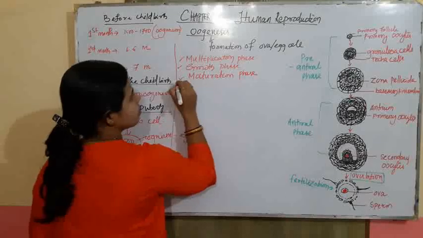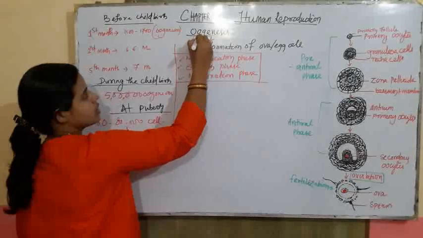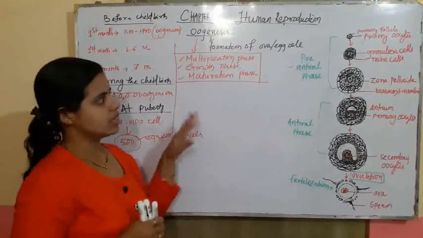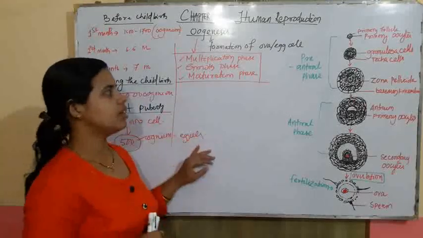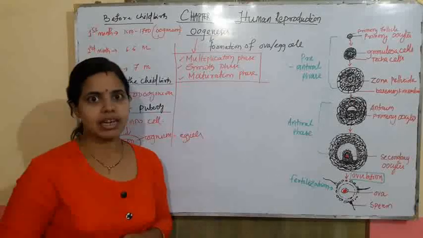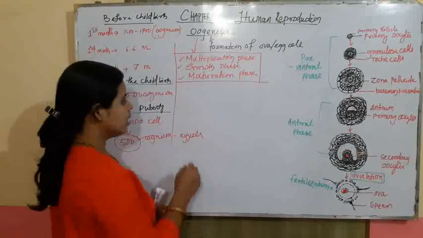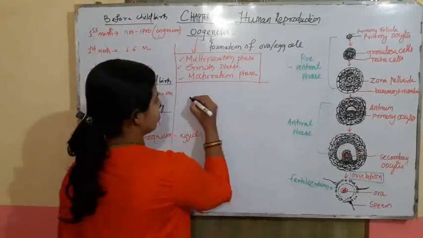As we already discussed in spermatogenesis, the same way this all takes place, but there are certain terms which you have to remember very carefully. So let us discuss the multiplication phase.